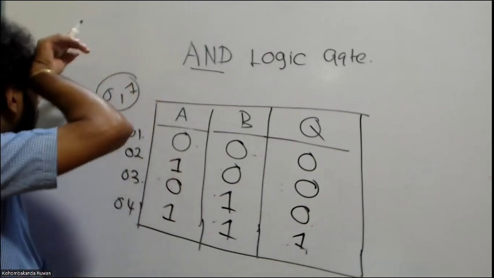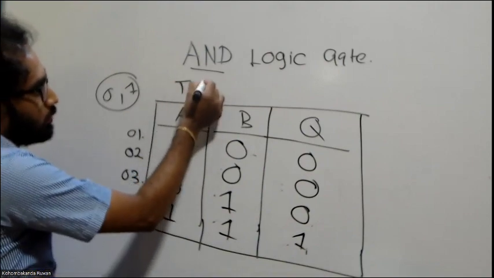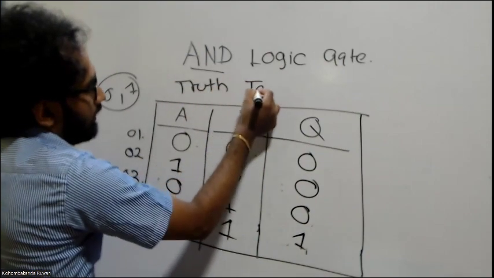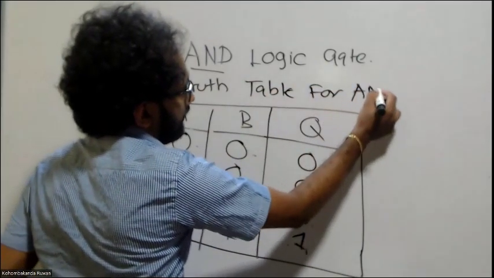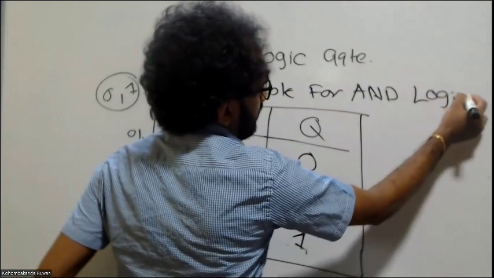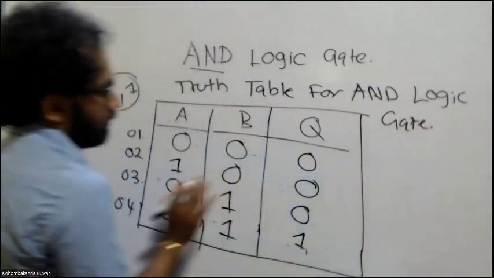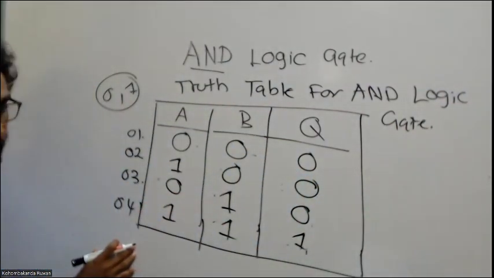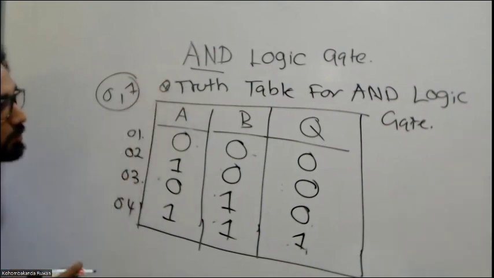Because this is the truth table for AND logic gate. This is a really important part, right? You have to draw this truth table. In Sinhala, we call that Satyata Agur.